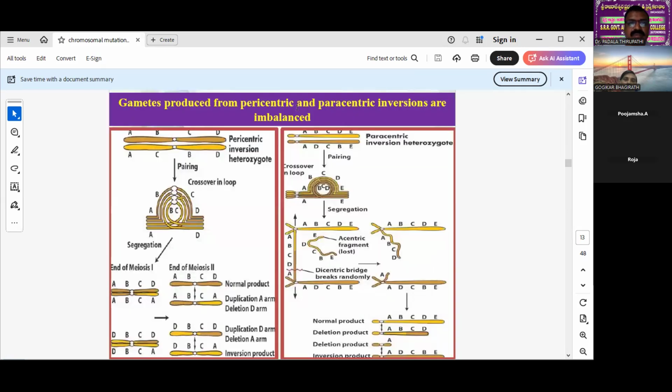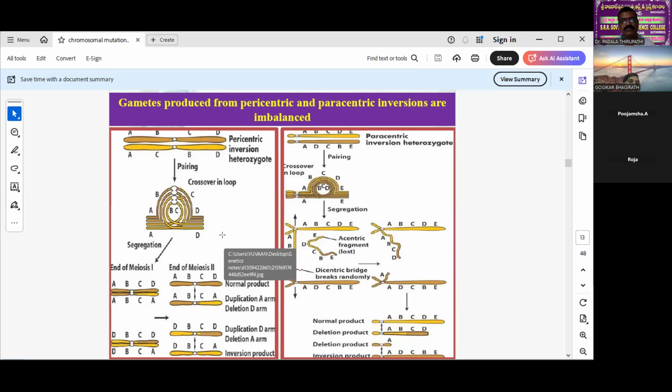So, gametes produced from pericentric and paracentric inversions. See this, these 4 types of gametes are produced due to the inversion process: normal product, deletion product, duplication product, and inversion product. So different classes of gametes are formed because crossing over takes place and the inverted segment is involved, because every chromosome has 2 chromatids.